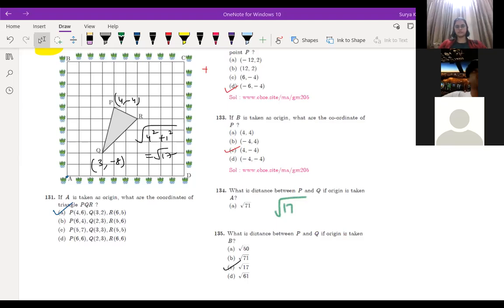What is the distance between S and T? They have scattered the questions here and there. If you are seeing this PDF, questions are here and there. You have seen this.